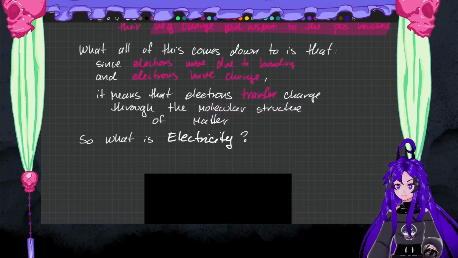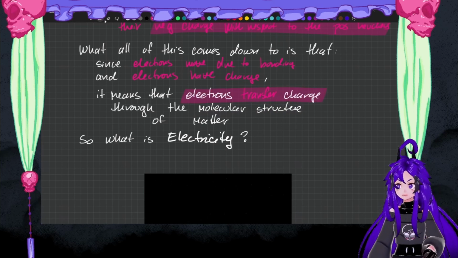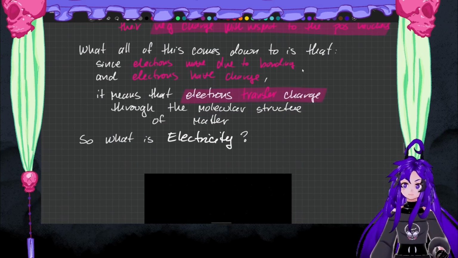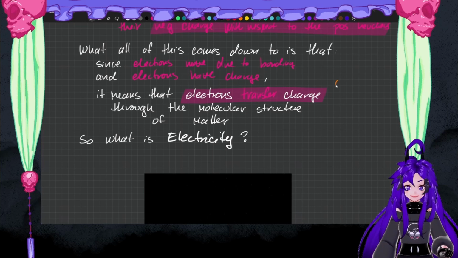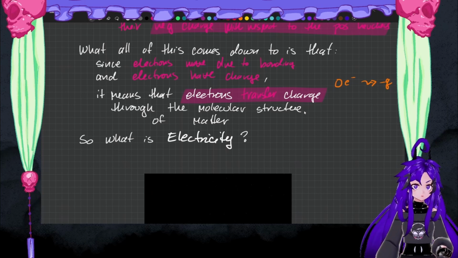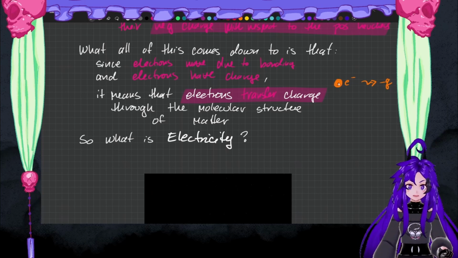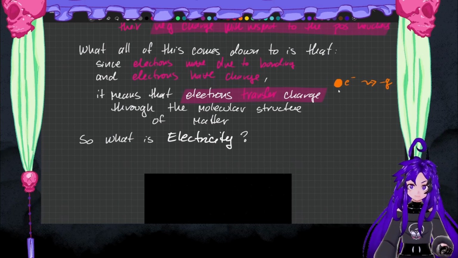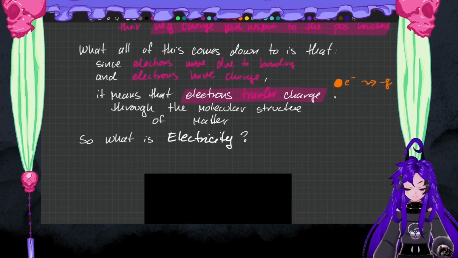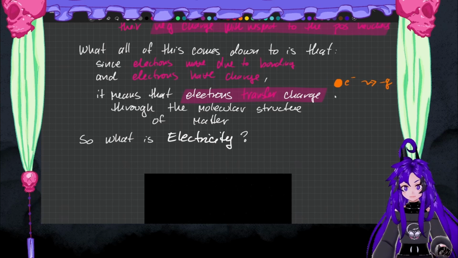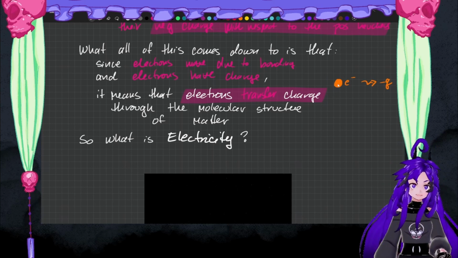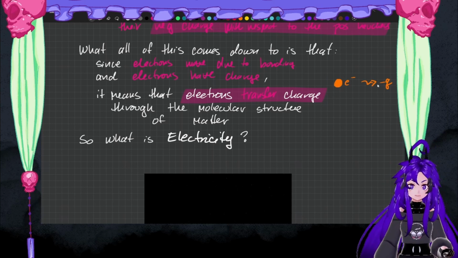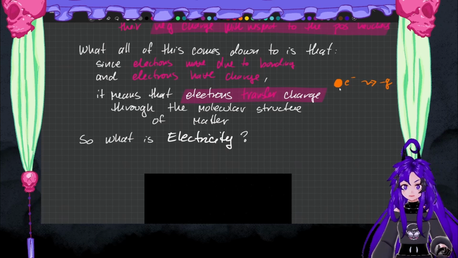So electrons transfer charge. And how did I get to that thought? Electrons have a charge that is minus Q, so they can be thought of as a charge, kind of. They have a little bit of mass, not a very significant amount, but they have this charge property.